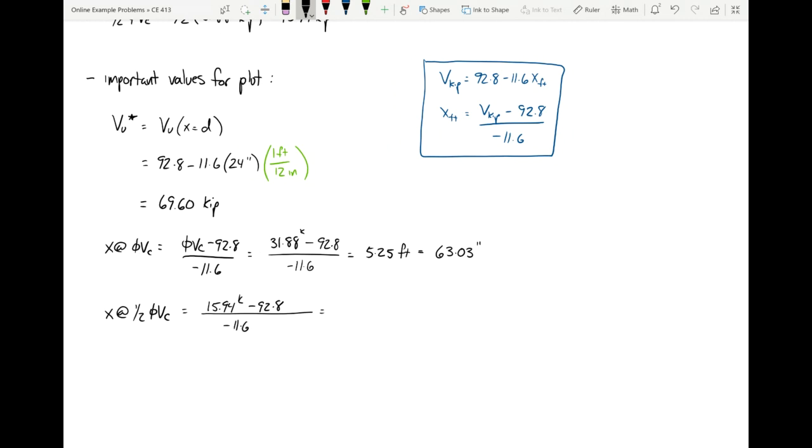So 15.94 minus 92.8, all divided by negative 11.6, comes out to 6.63 feet, or 79.51 inches. Okay.